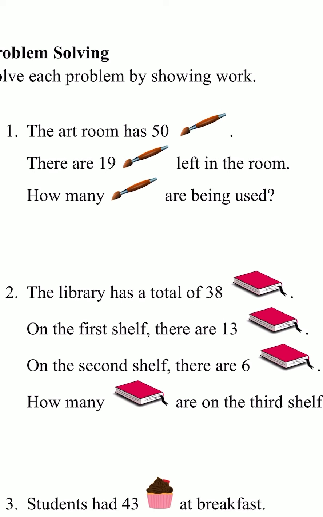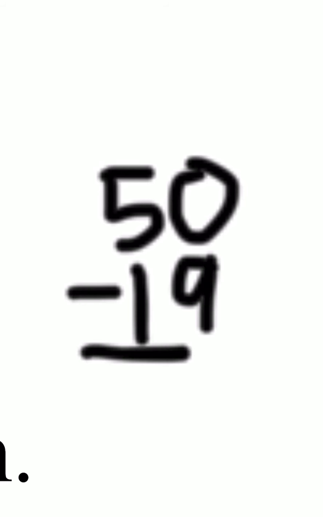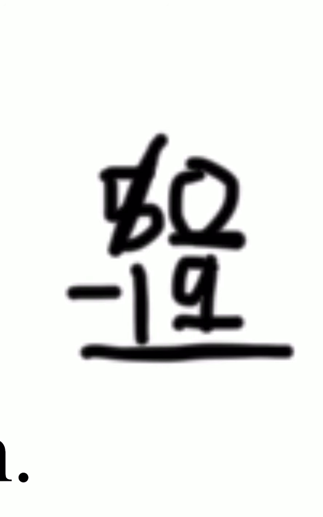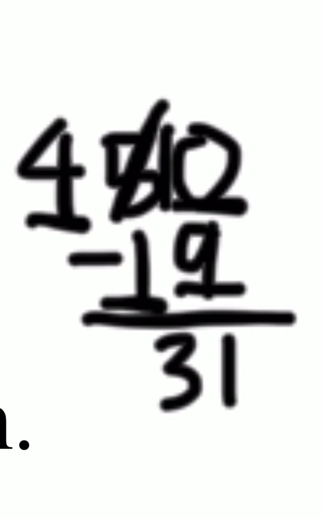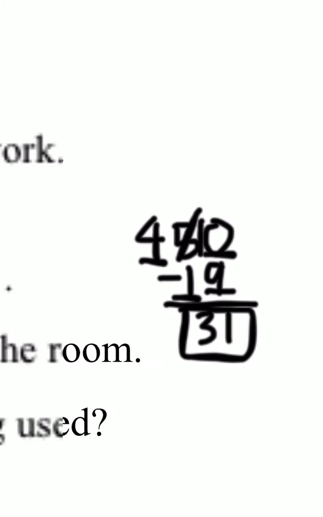So, we need to subtract 19 from 50. 50 minus 19. However, since 9 is greater than 0, we need to borrow from 5, which becomes 4, and 0 becomes 10. And 10 minus 9 is 1, and 4 minus 1 is 3. So 31 is the answer for number 1.